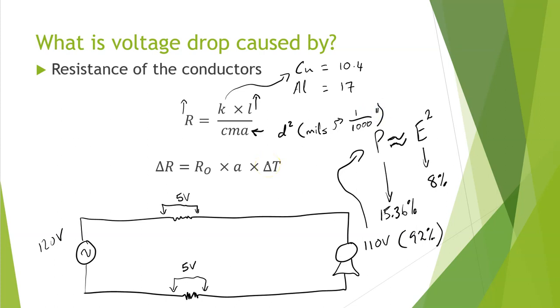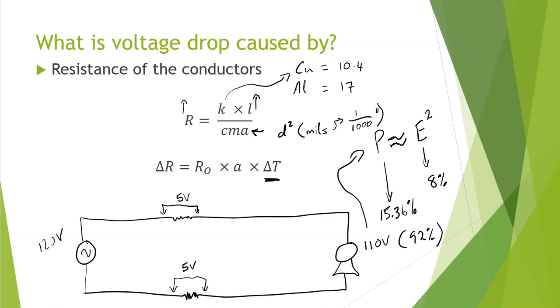So when we now look at the additional factor that impacts the resistance of a circuit, it is the temperature of the conductors. And frankly, it's a relatively low effect compared to the material of the conductor, the length of the conductor, and the CMA of the conductor.